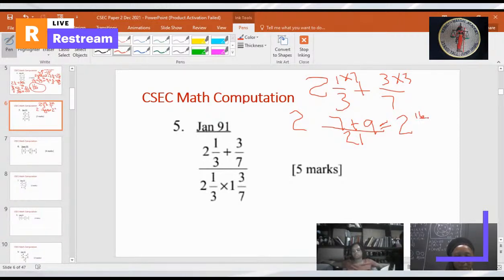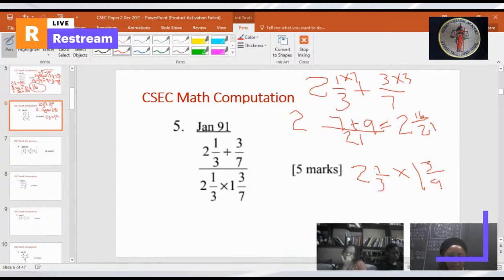Okay. And for the denominator, so we'd have 1/3 times 1 and 3 over 7.